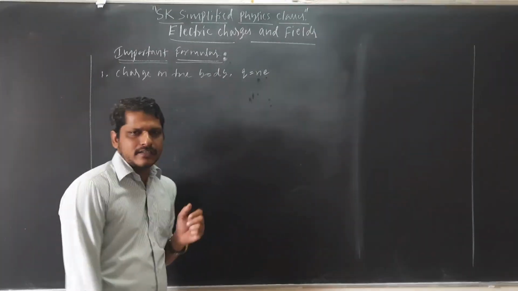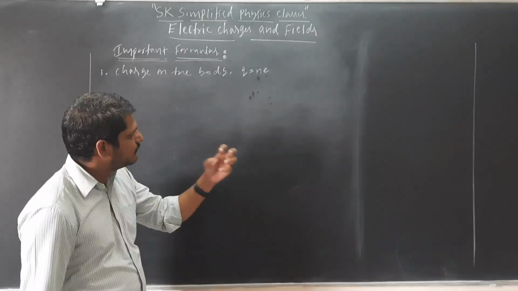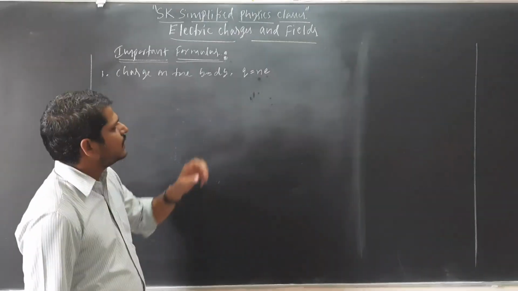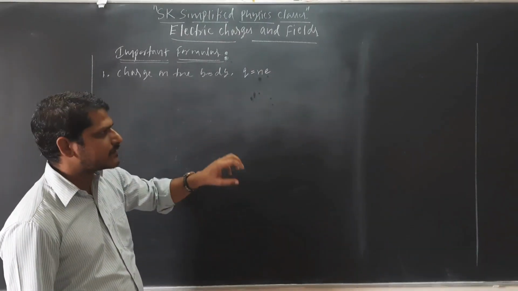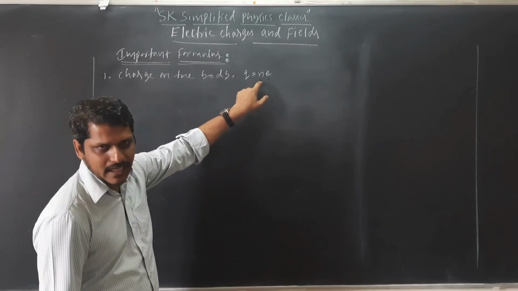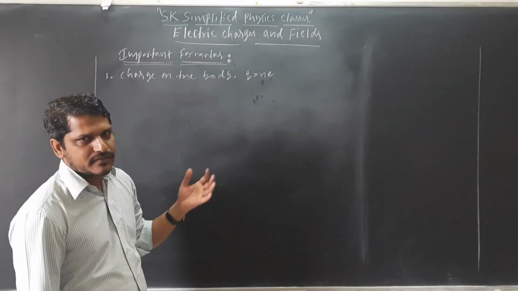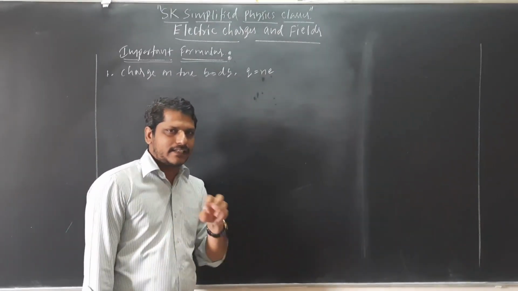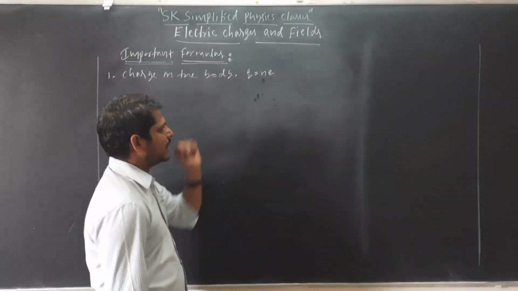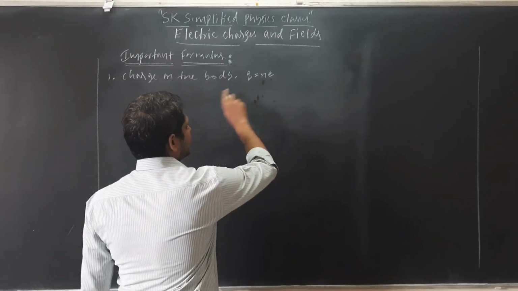So in any case, when you take any charged body, the charge of that body depends upon the number of charges. As we know, the positive charge and negative charge magnitudes are the same, that is why it depends on the number of charges.